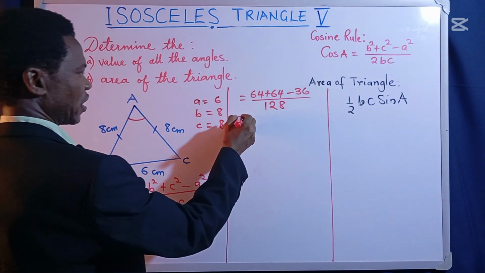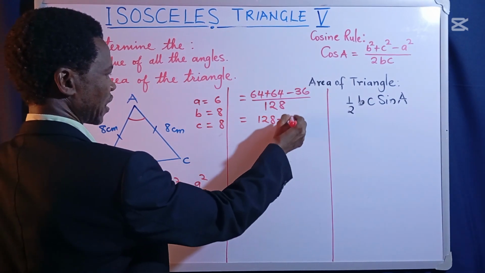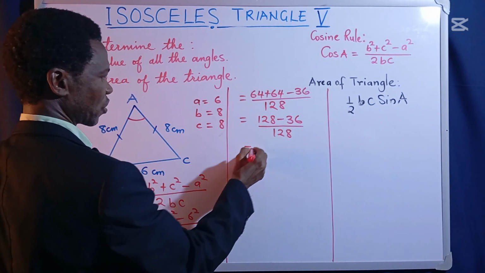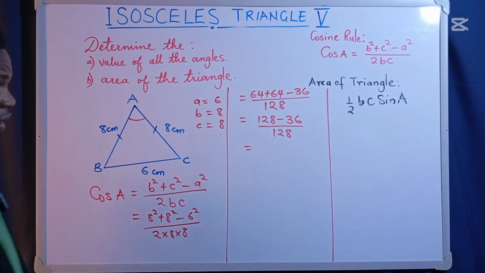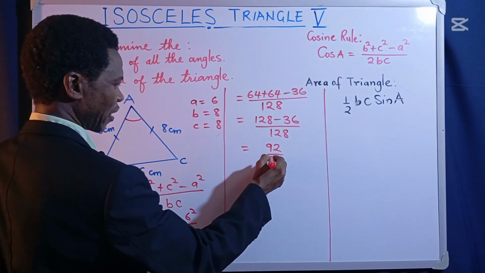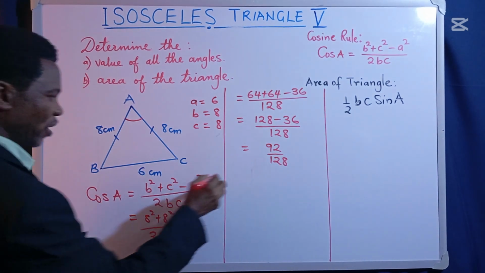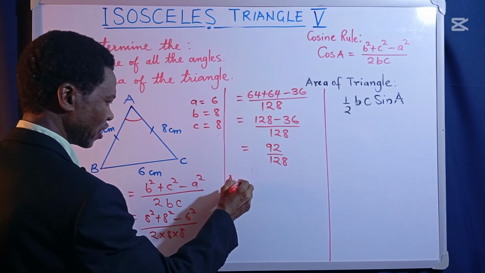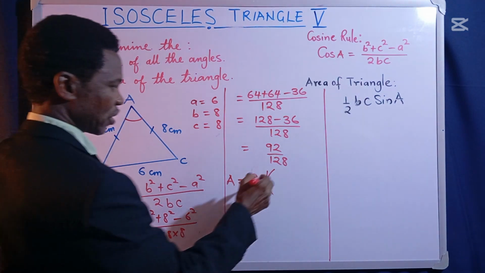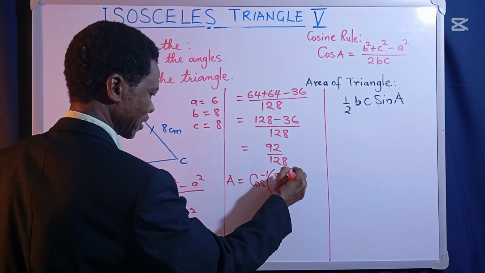So the numerator, 64 plus 64 is 128, take away 36, all over 128. If you subtract this, this is 92 over 128. So now, angle A is equal to arc cos of 92 over 128.